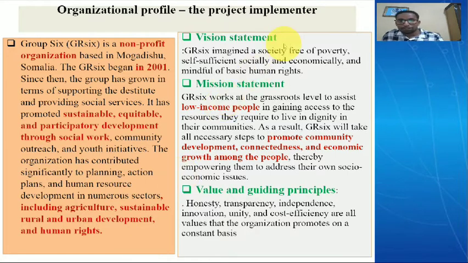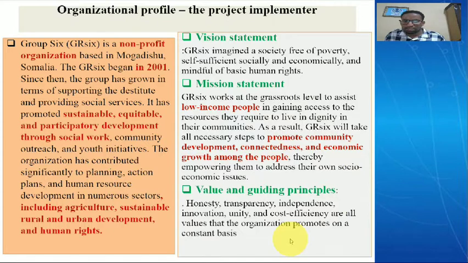So the vision of the organization is GR6 imagines a society free of poverty, a self-sufficient society, economically, and mindful of basic human rights. So the organization's mission statement is GR6 works at grassroots level to assist low-income people in gaining access to the resources they require to live in dignity in their communities.